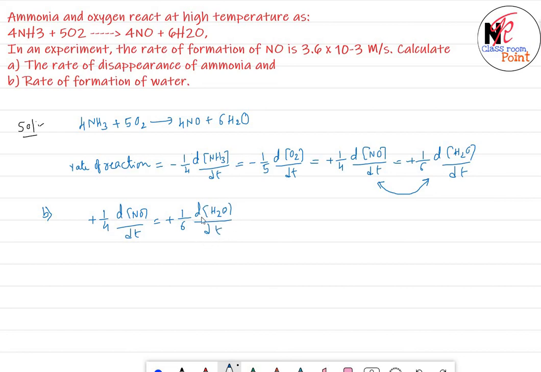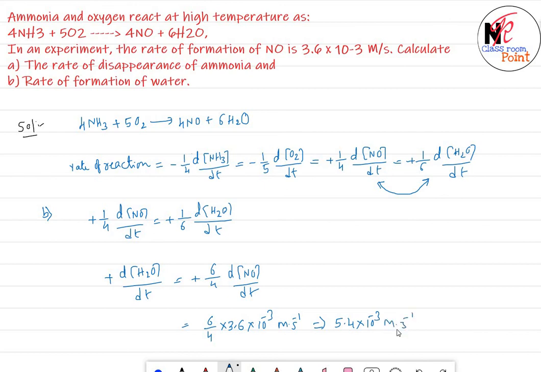Our duty is to calculate the rate of formation of water, so plus d[H2O]/dt equals plus 6 by 4 d[NO]/dt, which equals 6 divided by 4 times 3.6 × 10^-3 molarity per second. After solving this we get 5.4 × 10^-3 molarity per second. This is the answer to this question.